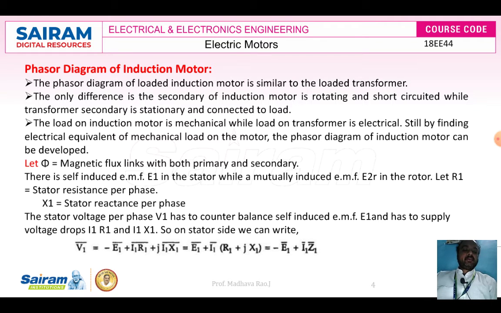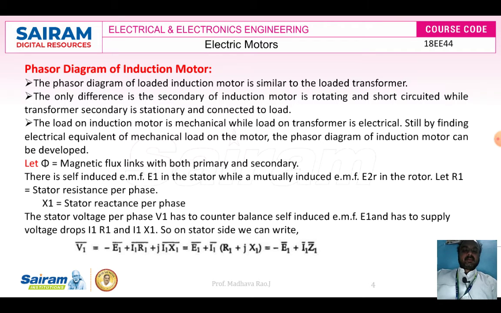So the stator voltage per phase is V1 and the balanced self-induced EMF is E1. As the supply voltage is V1, the voltage drop due to resistance is I1 into R1, and due to the reactance the drop is I1 into X1.